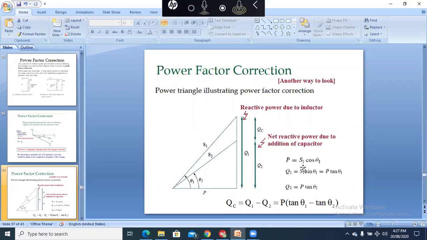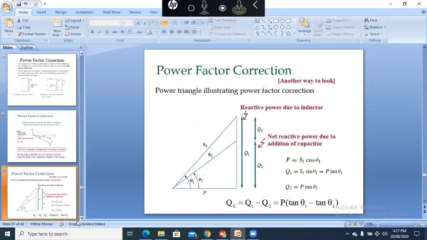The value of S1 is P over cos theta 1. So we substitute S1 as P over cos theta 1, and we get Q1 as P tangent theta 1. Q2 is P tangent theta 2, and we take P common and we have tangent theta 1 minus tangent theta 2. So this will give you how much VAR we can improve by installing a capacitor.